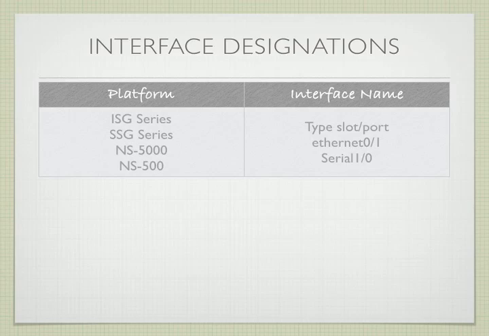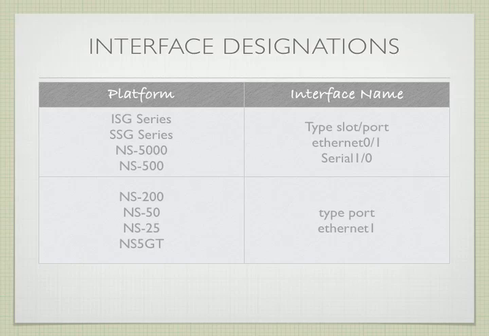The first slot and the second Ethernet port on that slot. Ethernet ports and slots start counting at 0. So 0/0 would be the first one. Here we have another example of a serial port. If there's a serial port on the device, and say this would be serial 1/0, the second slot and the first serial device on that slot. So this is the common naming scheme for the ISG, the SSG, and the NS series.